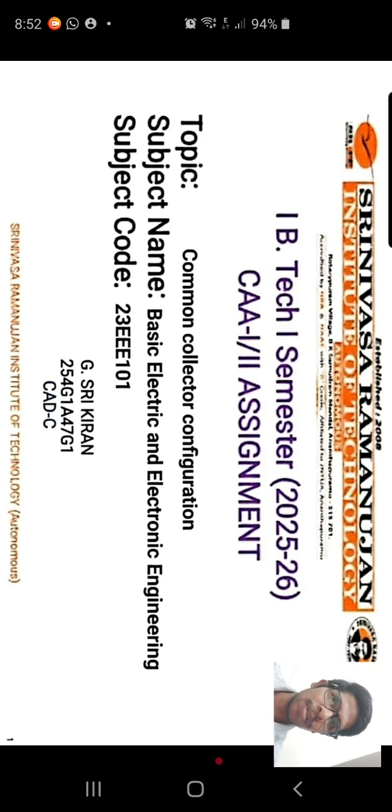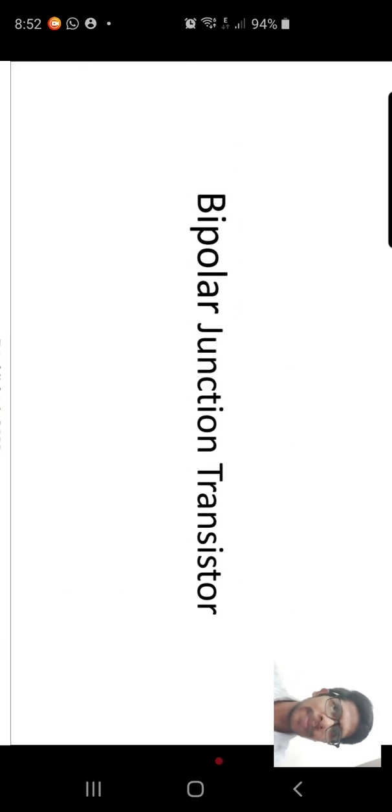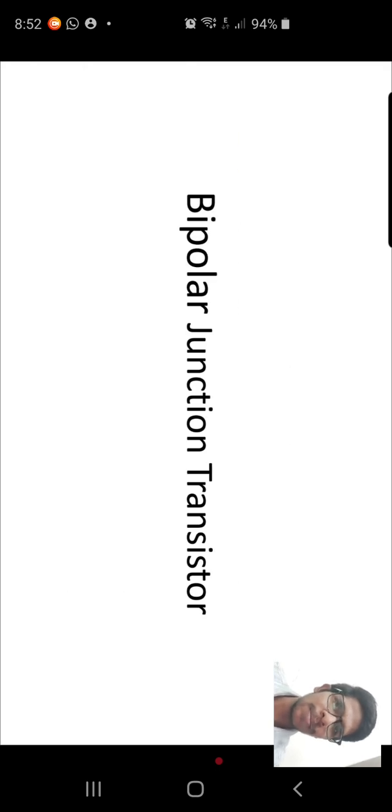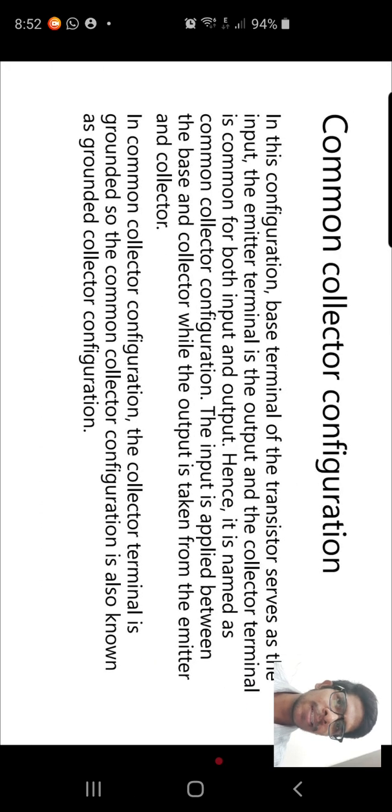Let us discuss about common collector configuration of BJT, bipolar junction transistors. In this configuration, the base terminal of a transistor serves as the input, the emitter terminal as the output, and the collector terminal is common to both input and output terminals, hence named common collector configuration.